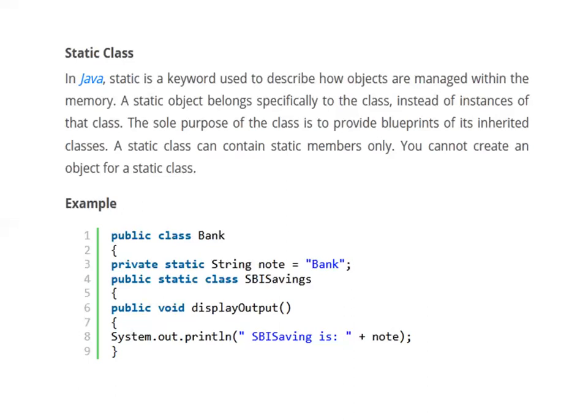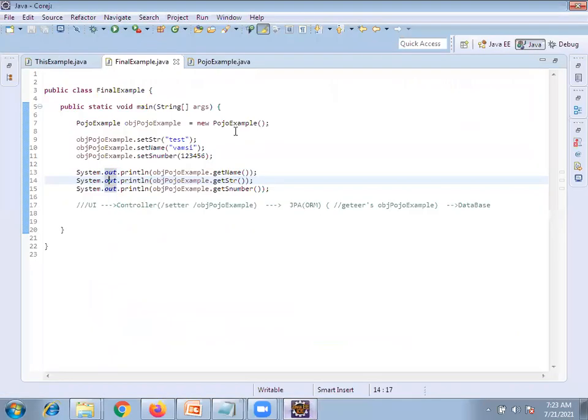A static class cannot contain non-static members, only static ones, and you cannot create an object for a static class. That is the main motto. So once you define a class as static, you cannot create the object. It should always be called by using the class name. Getting? Yes, sir. Let me show you.